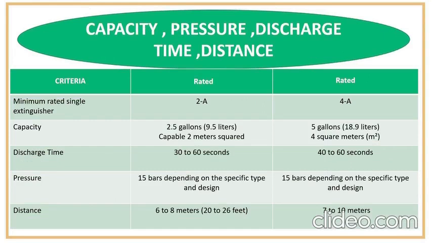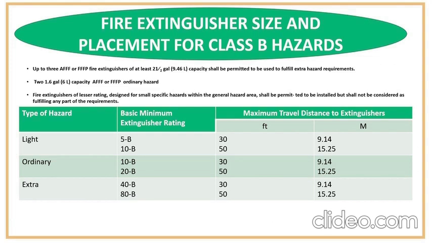It depends on the specific type and design as per the manufacturer, and the distance it can reach is 6 to 8 meter. Next, size and placement for Class B hazards.